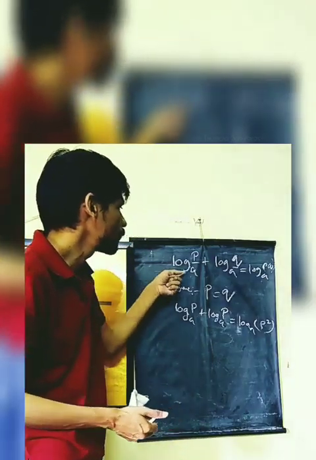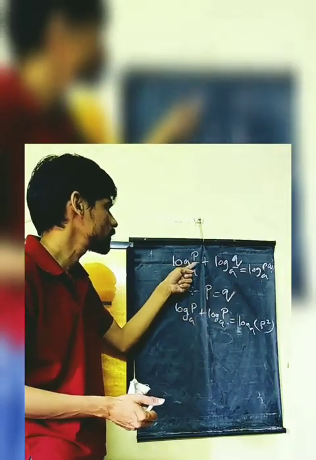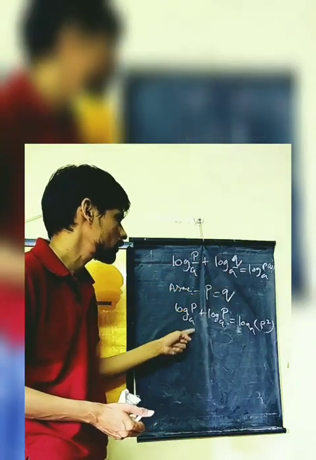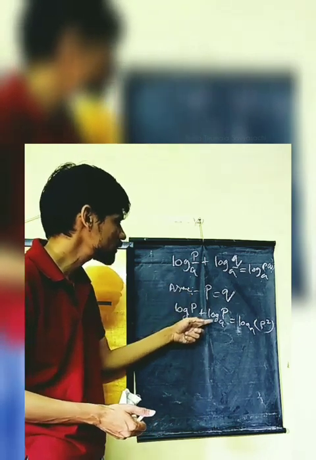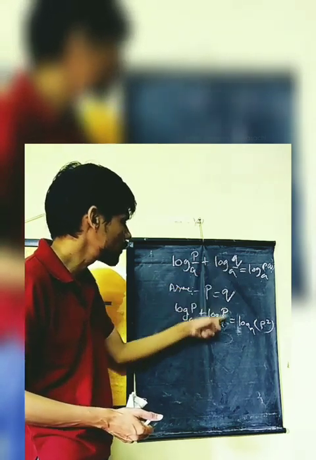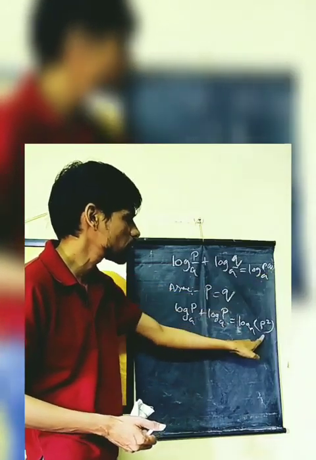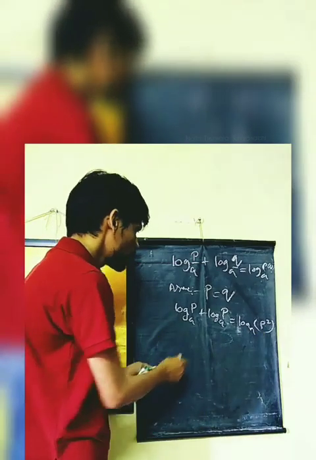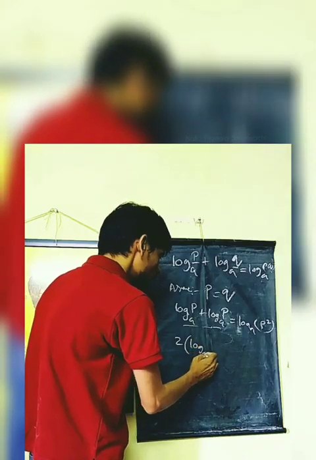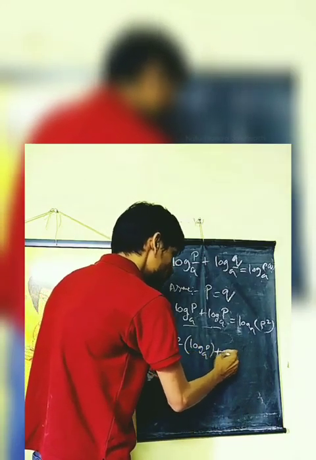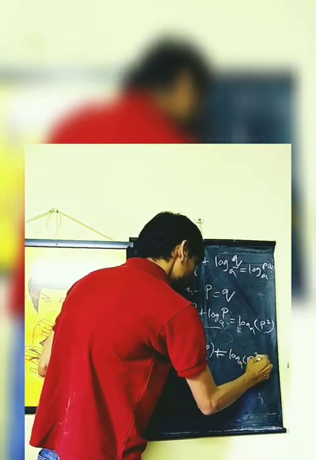So when we are doing addition, we know all this formula, but just imagine if p and q are the same, then what will happen? Log a p plus the same thing translated as log a, instead of q I am placing p, and here log a, because p and q are the same, so I can say p square. So these are two logs, right? 2 log a p equals log a p square. Okay.